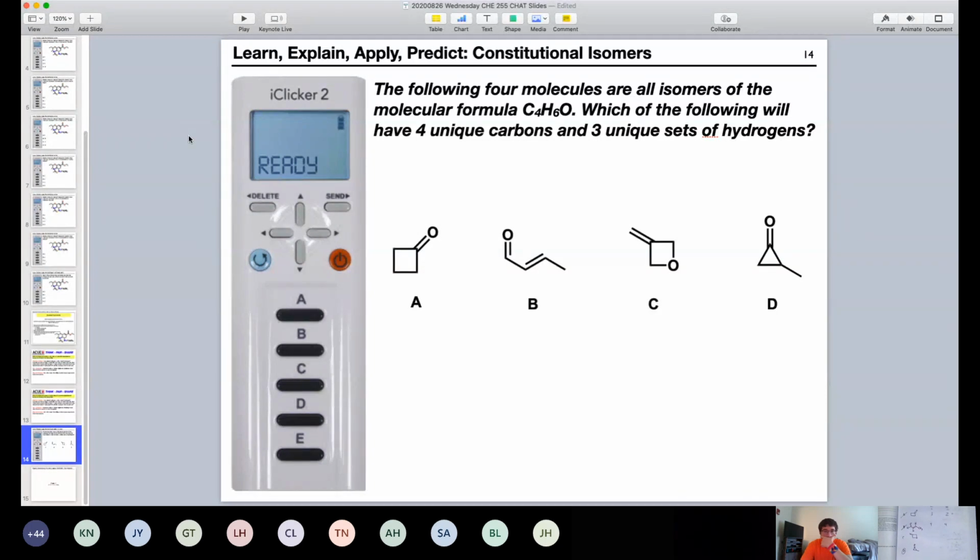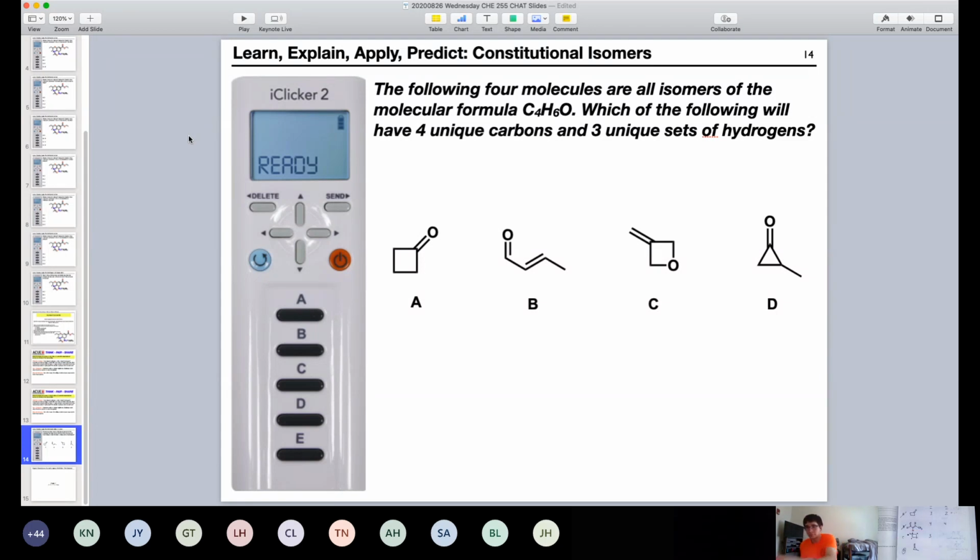What about for choice C? How many carbons do you see? This one is 3. So those are the same. This one is different.